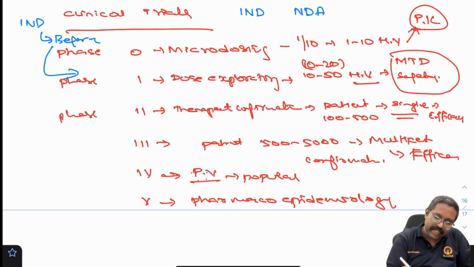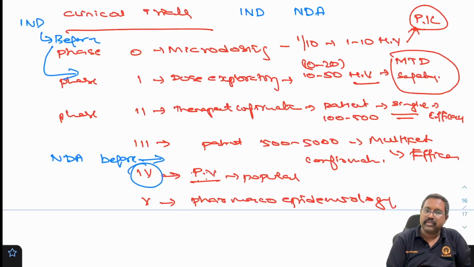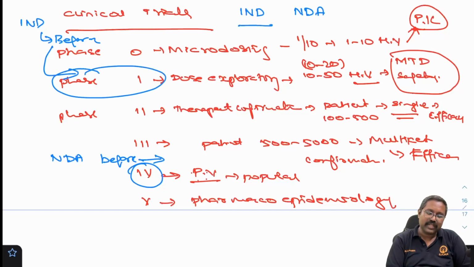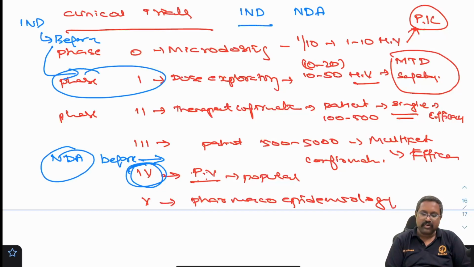The new drug application, NDA, is applied before phase 4 of the clinical trial. Is that clear? So this concept can be asked. Many times they have asked when to apply for the investigational new drug, that is before phase 1, and the new drug application, it is before phase 4.